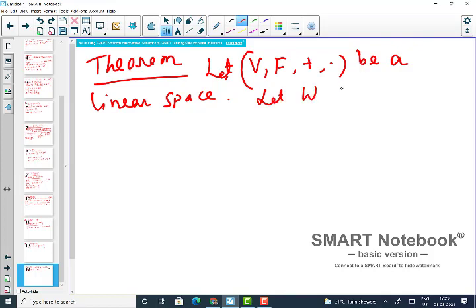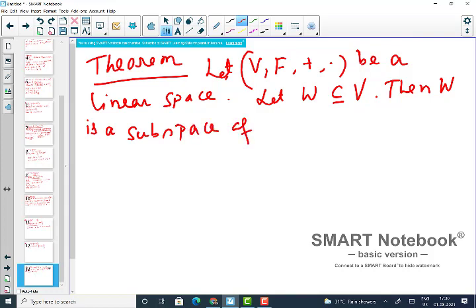Let W be a subset of V. Then W is a subspace of V if and only if the following conditions hold.